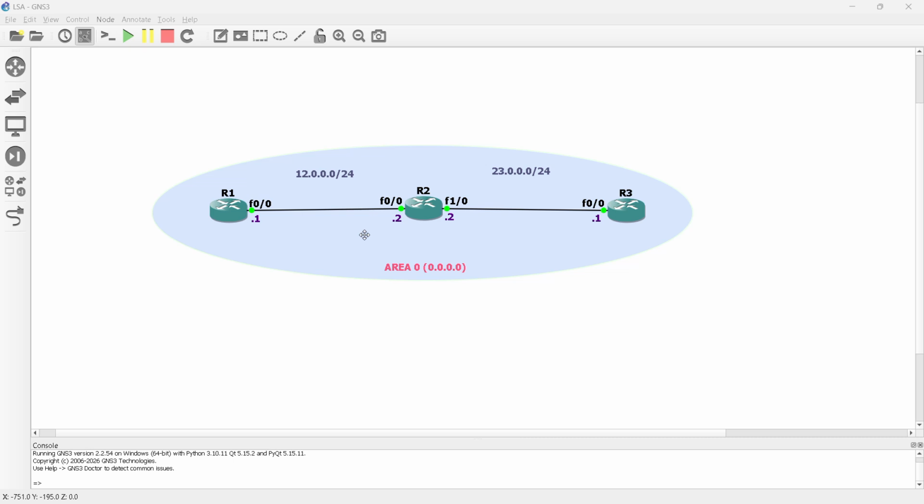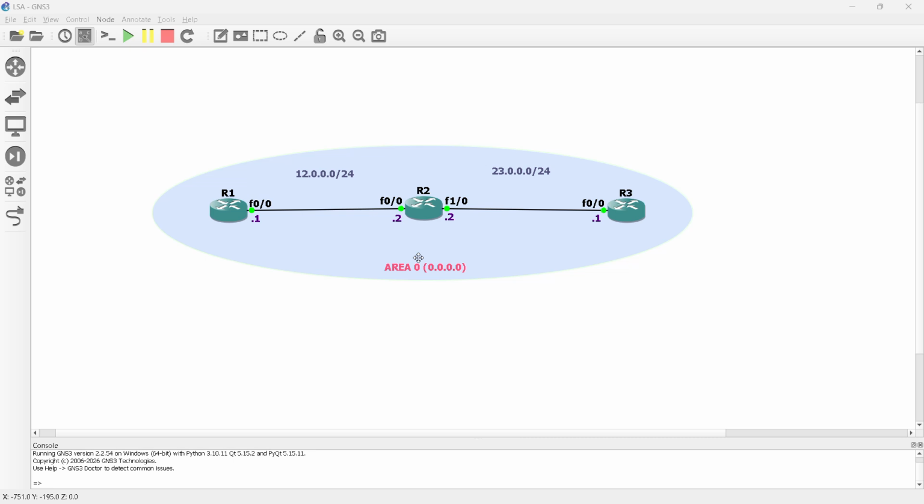The one which is important in this lecture is that LSA is being generated per area. This is the very first concept. The second is that the scope of any LSA resides within the area. So we will act upon these two concepts.